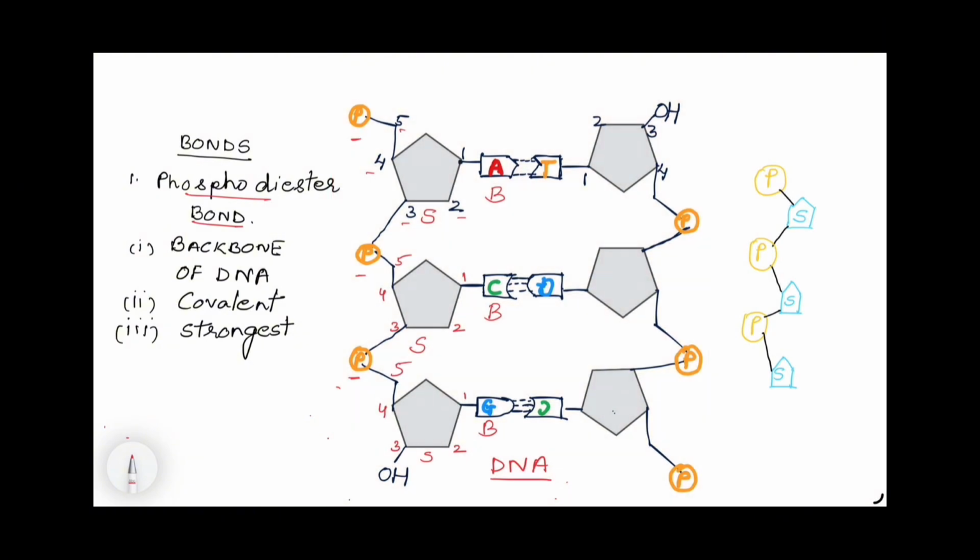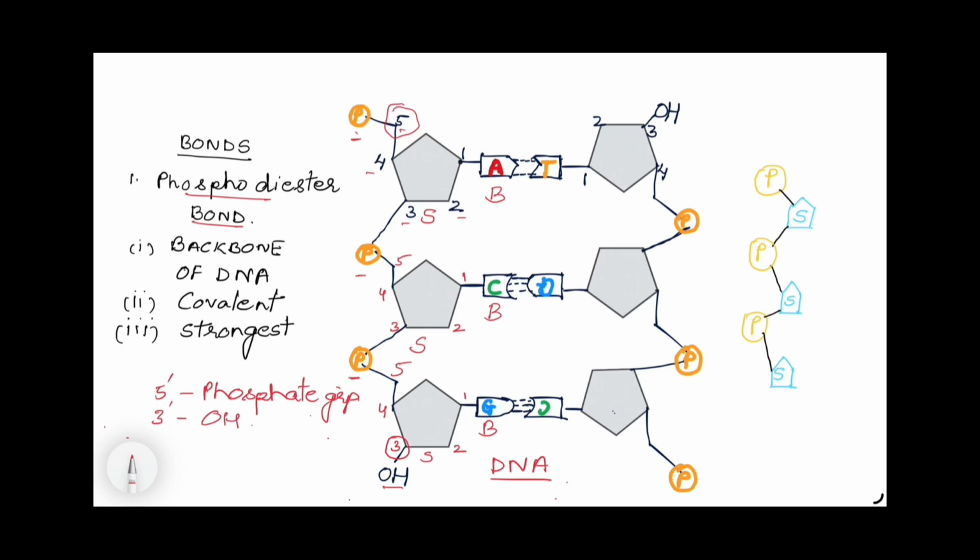So, one thing we can see is that on the 5' carbon of deoxyribose sugar, a phosphate group is attached. On 5' a phosphate group is attached, and on the lower end where 3' is written, a hydroxyl group is attached. So, at 3' a free hydroxyl group is attached.